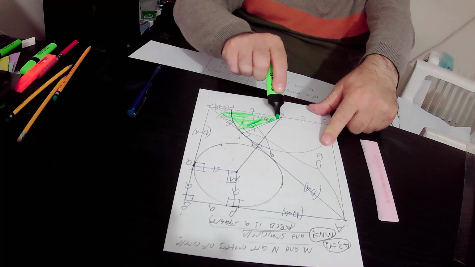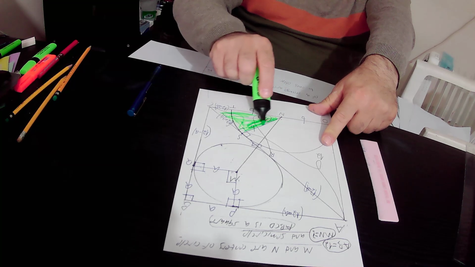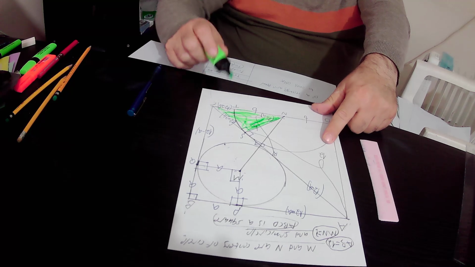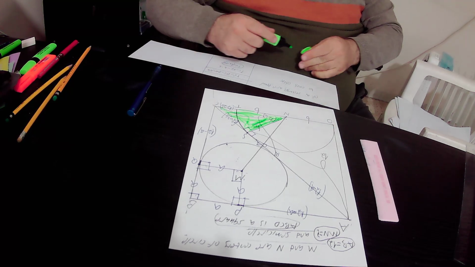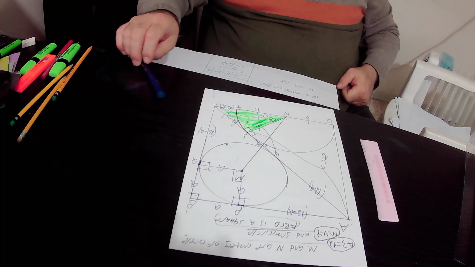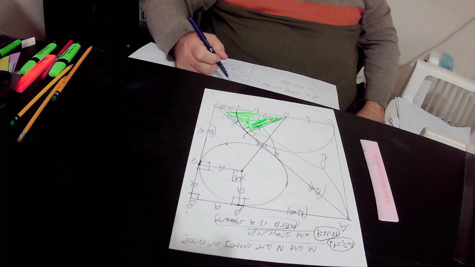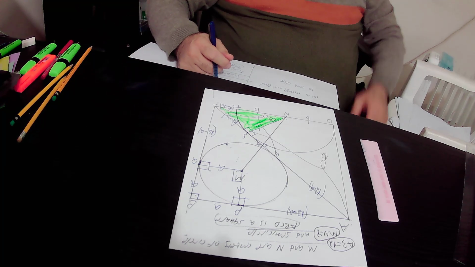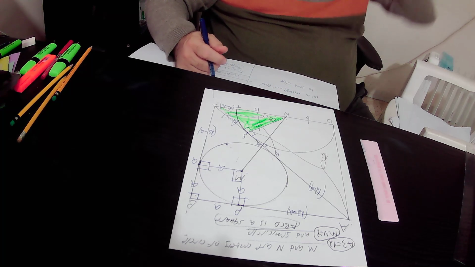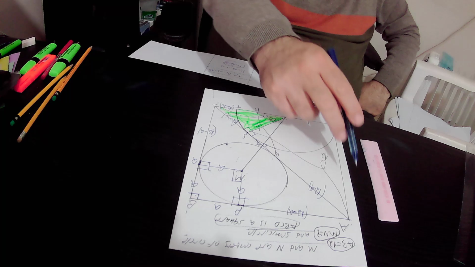So we will implement the Pythagorean theorem, but before we do it, we will calculate the value of diagonal AC. What is the value of diagonal AC?